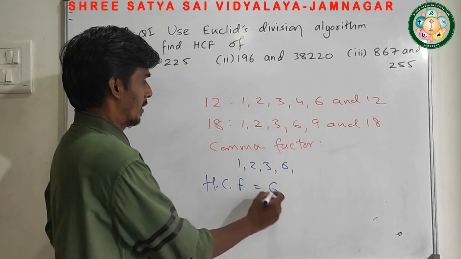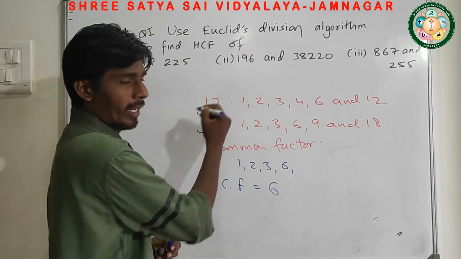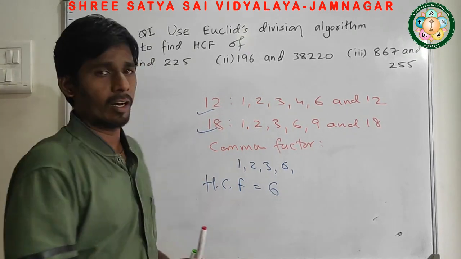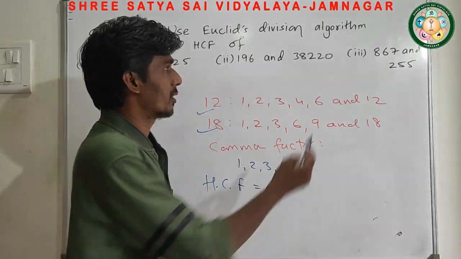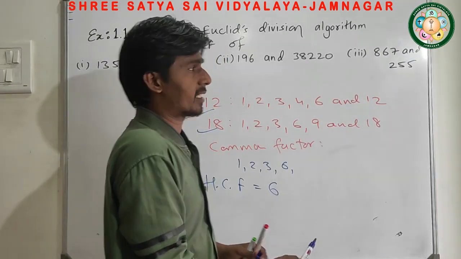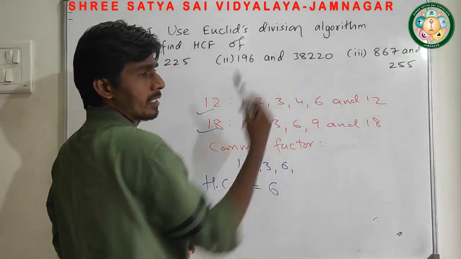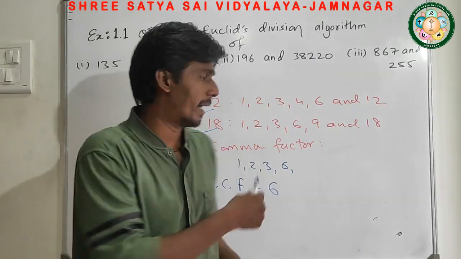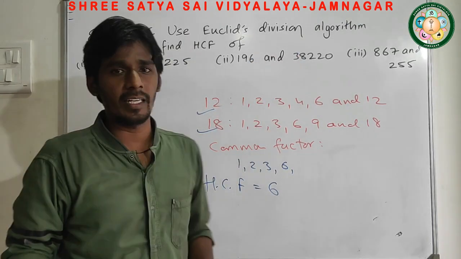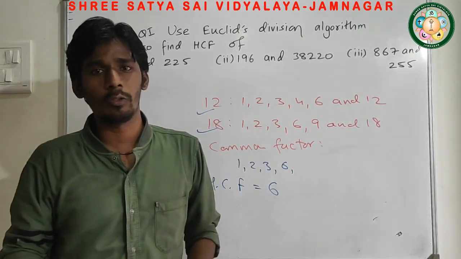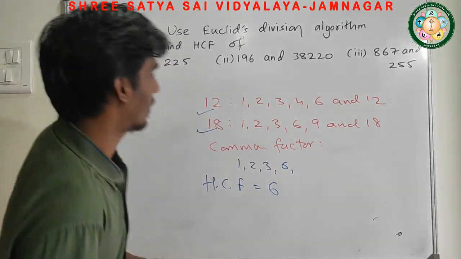So 6 is the HCF of 12 and 18. But this prime factorization method is applicable for smaller numbers. If you get a number like 867 or 3220, it is not easy by this method. For that, the Euclid method is very applicable. Let's see how to solve by the Euclid method.